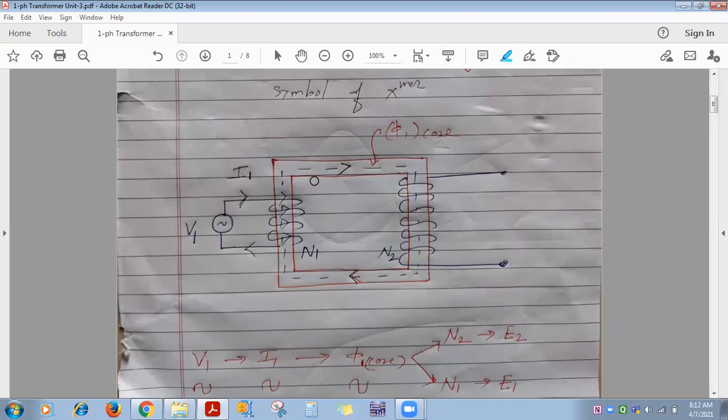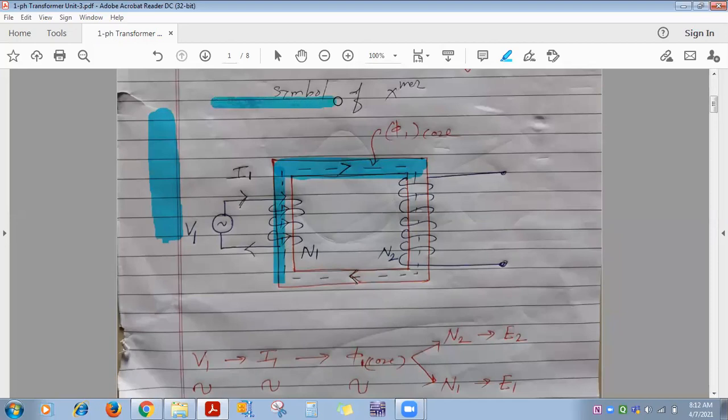Now, whenever they manufacture this core, what is done? Suppose this is the vertical limb, made of thin plates, and for the horizontal part, plates of different dimensions are required if it is of rectangular shape.